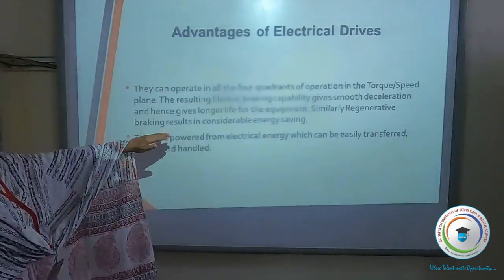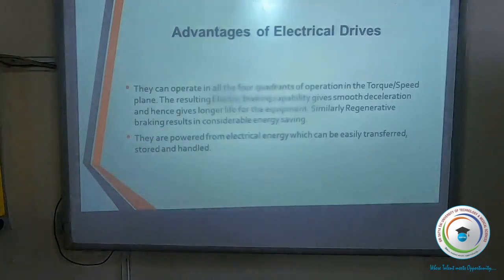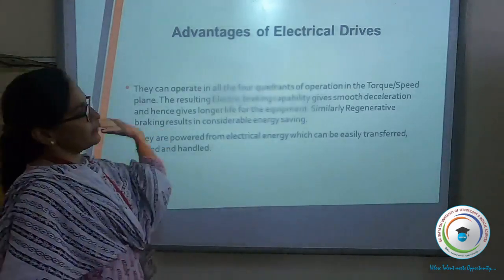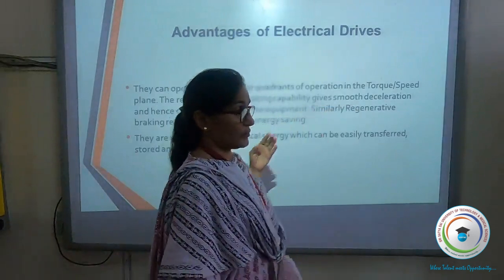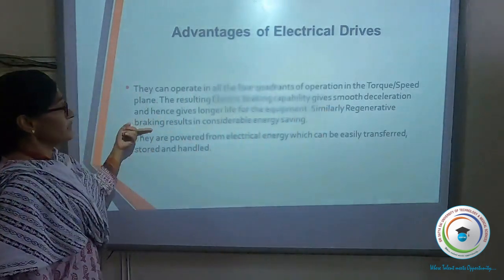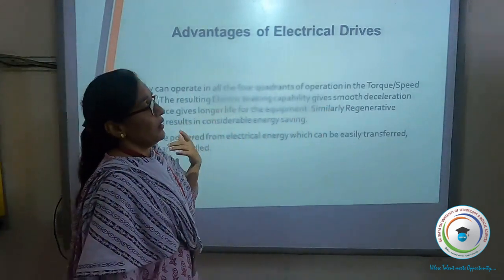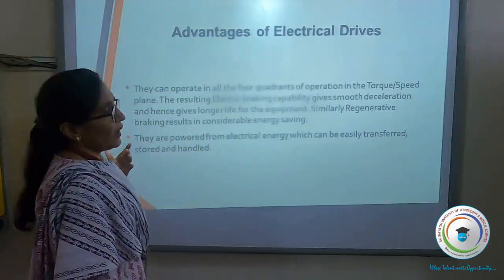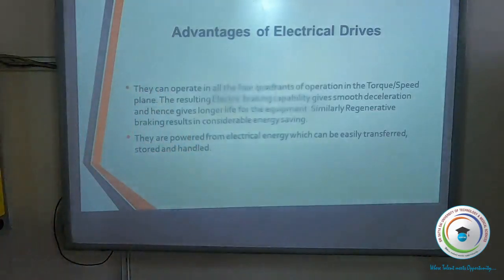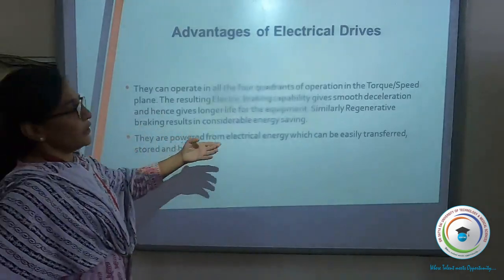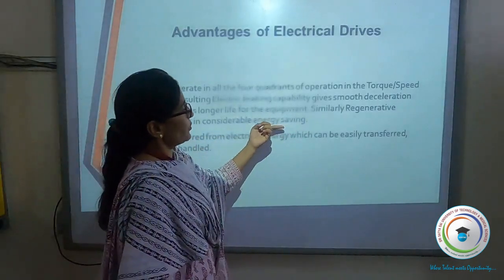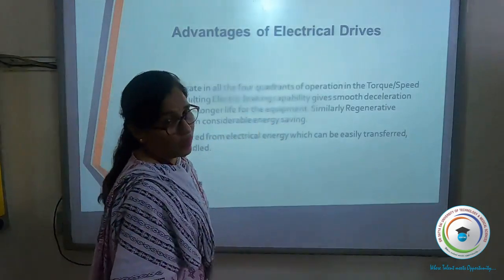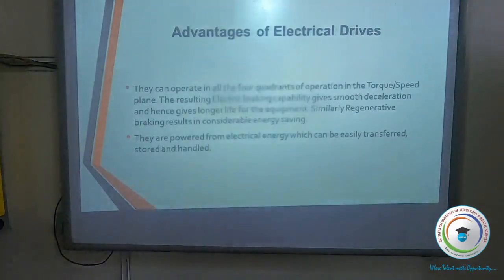Regenerative braking results in considerable energy saving. Now, what is regenerative braking? It is coming in the next lecture, as a part of the braking system. While using regenerative braking, the most important thing is saving of energy. That we will study.